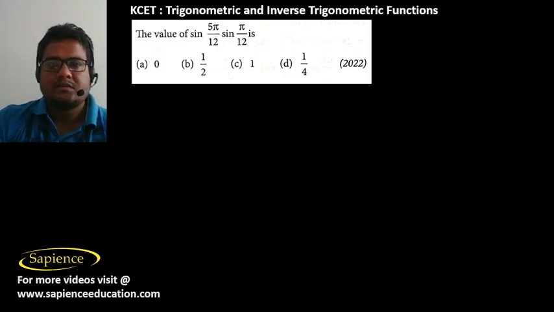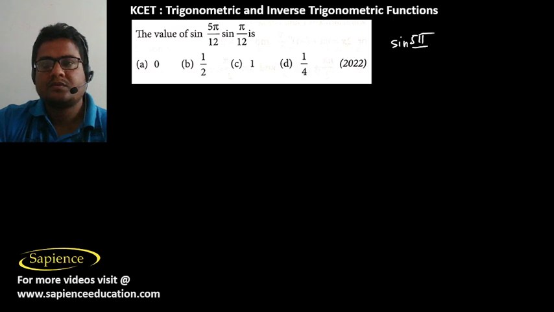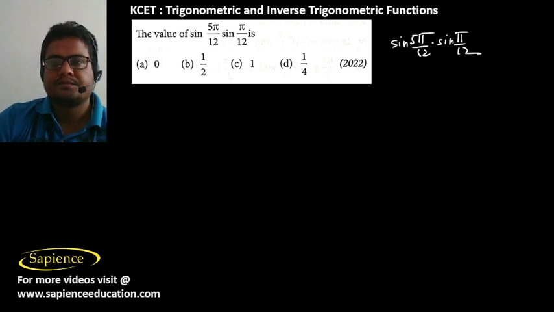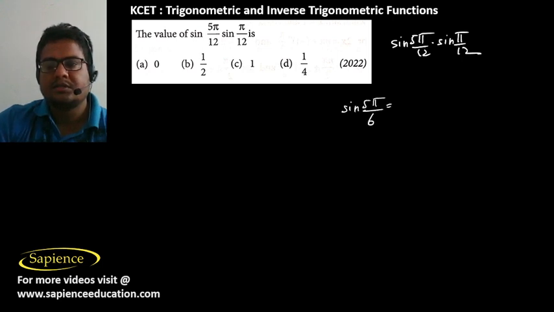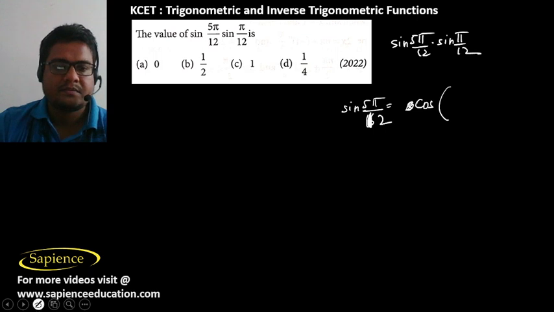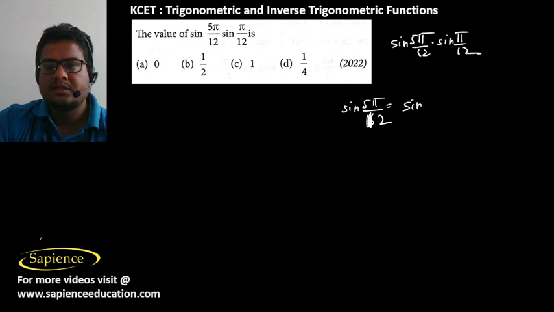Then we have to find the value of sine 5 pi by 12 into sine pi by 12. So now sine 5 pi by 12 can actually be written as sine 6 pi by 12 minus pi by 12.